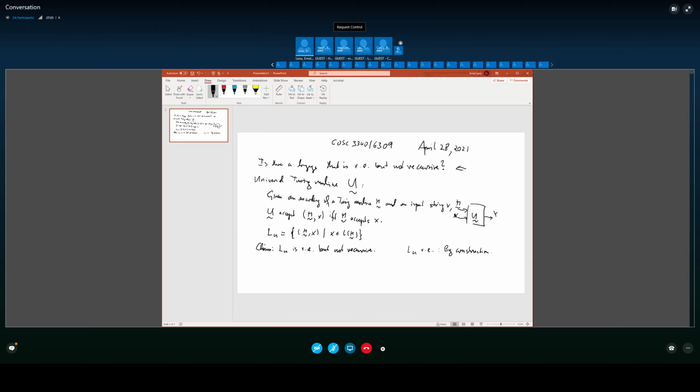Basically, the easiest way is probably to assume that the universal Turing machine has more than one tape. You can easily see that a Turing machine with two tapes can be simulated by a Turing machine with one tape. It takes a lot longer, but you can certainly pretend that it is only one tape, and you then use that one tape to simulate two tapes.